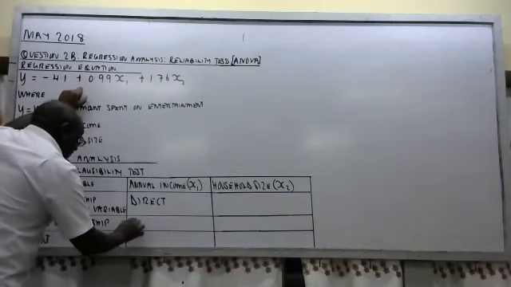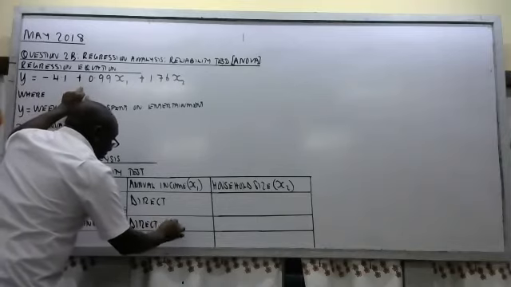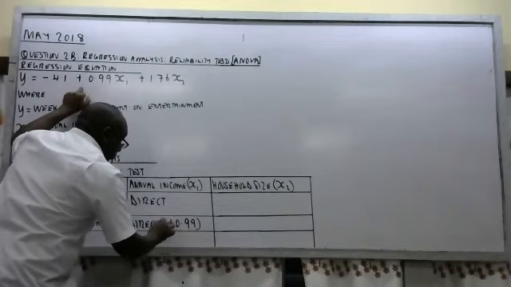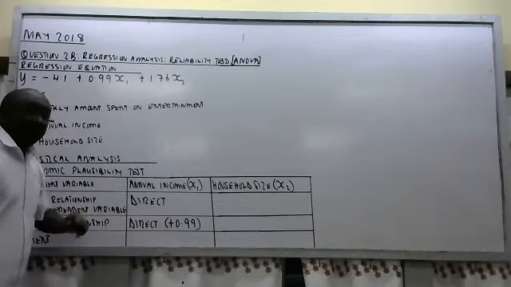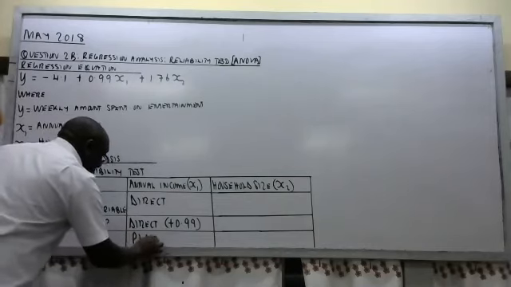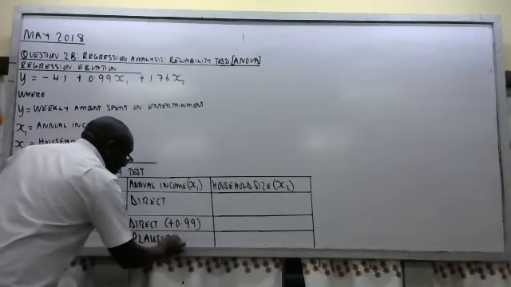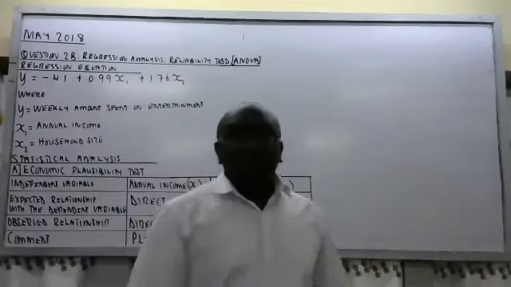And I told you you can support this by saying it's 0.99 so that no one will doubt. And now that they are in agreement, it means they are economically plausible. They are making sense.